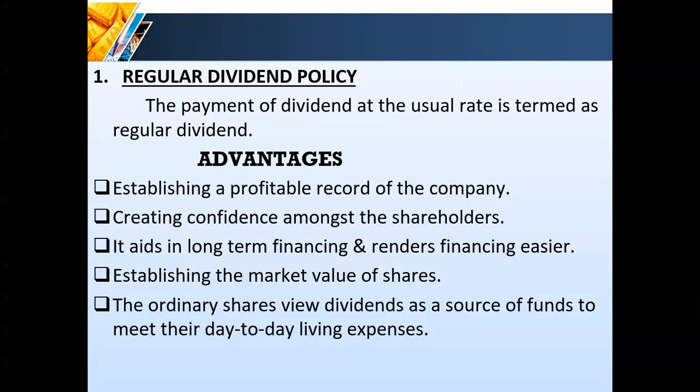The focus is on the regularity of dividend payout rather than its rate. It always suits investors who are retired persons, or persons who belong to the low income group. At that time the company follows a regular dividend policy.